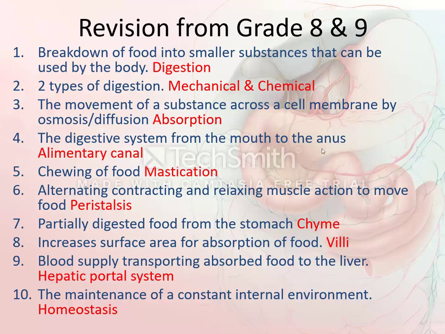The next definition, number 7, is called chyme. You've heard of acid chyme, I think. When our food has been partially digested and it is in the stomach, that partially digested food is called chyme.